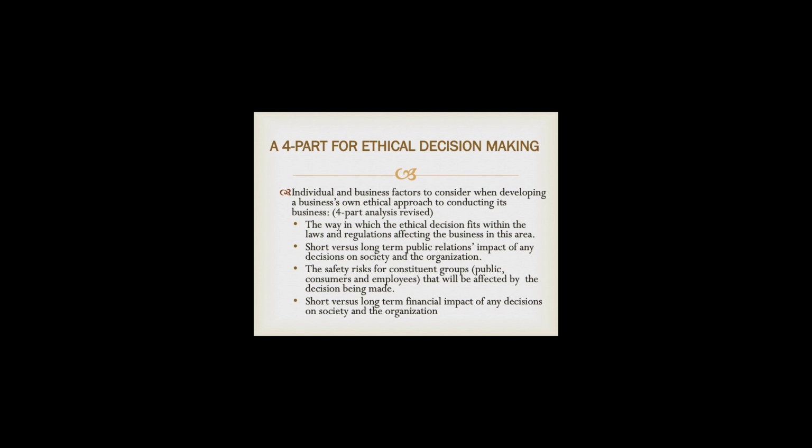But I specifically wanted it to be last, because what we tend to do is immediately say, well, how much will this cost financially, without looking at how much it would cost in other ways, in public relations and safety, and whether you violated the law or not. And it's important, if you're trying to act ethically, that the financial impact should really be last rather than first. So that's where we are at this point.